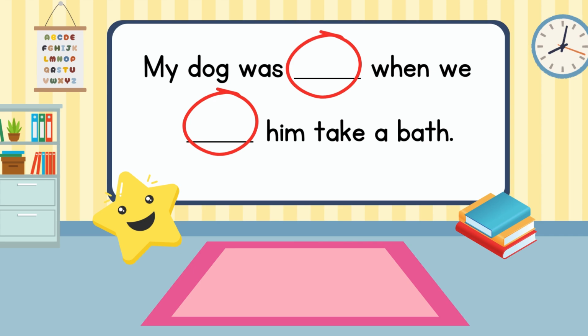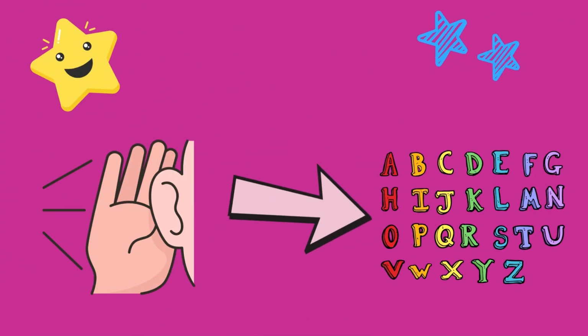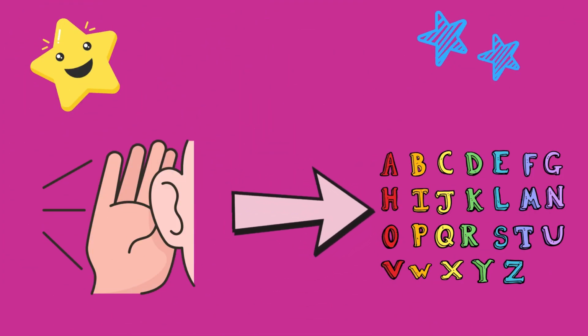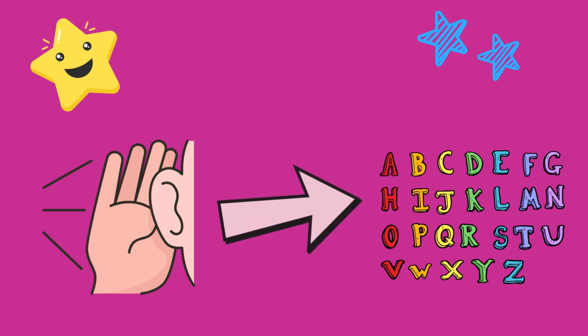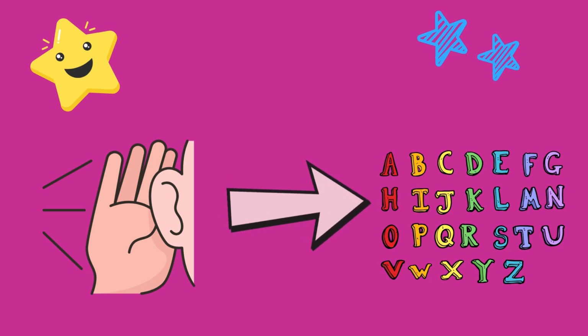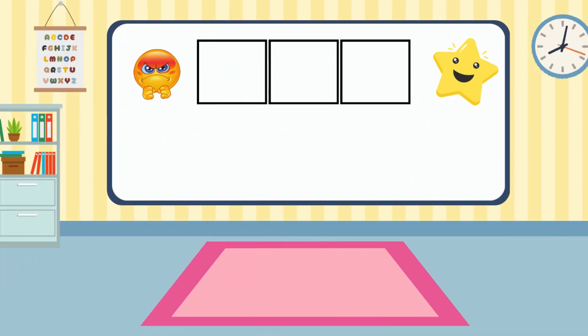My dog was mad when we made him take a bath. Using the magic E rule, we can spell mad and made correctly now. When we spell a word, we need to match the sounds that we hear with letters. In the word mad, there are 3 sounds. So we will put 3 sound boxes up on our board.